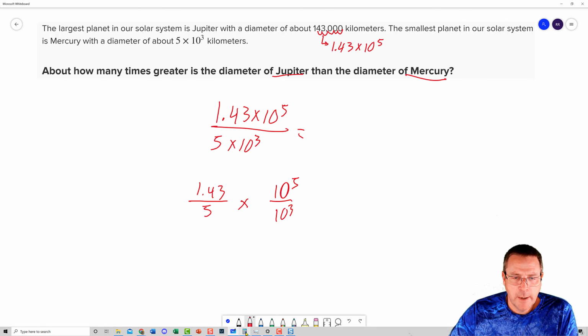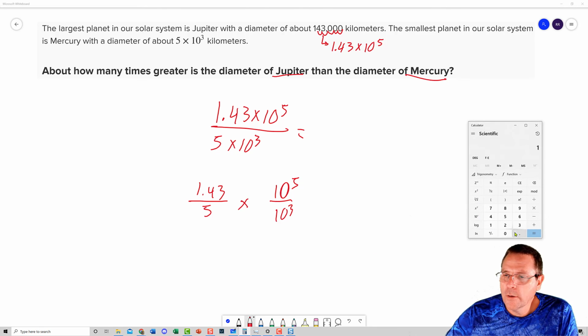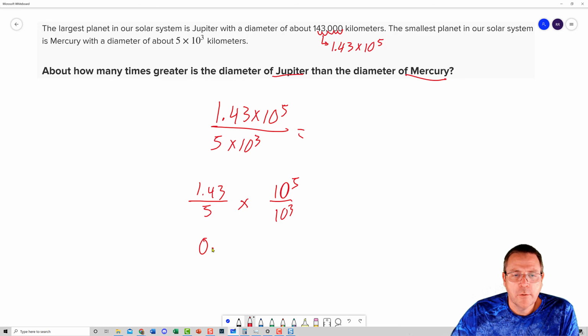I'm going to use my handy dandy pocket calculator on that little calculation. 1.43 divided by 5 is equal to 0.286 times 10 to the 5th minus 3.